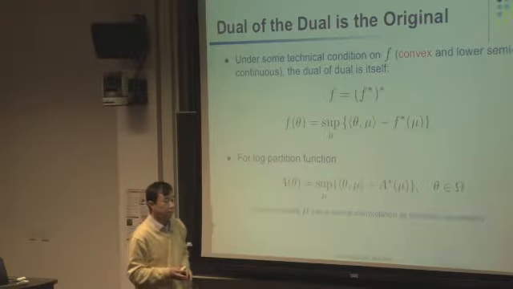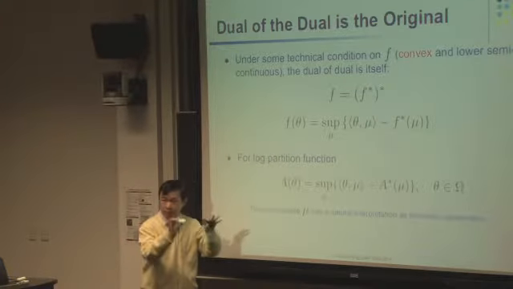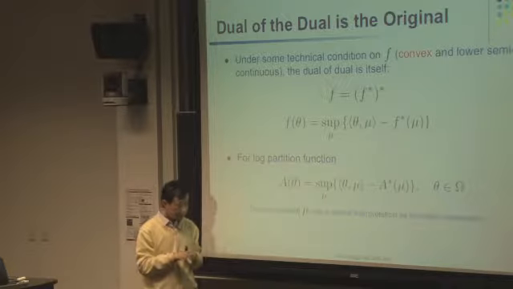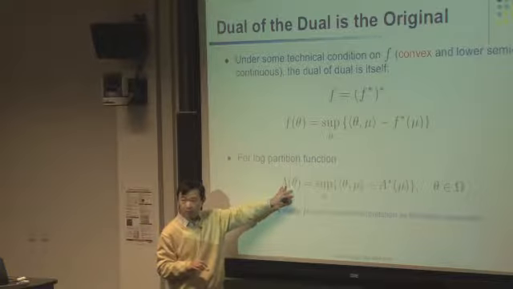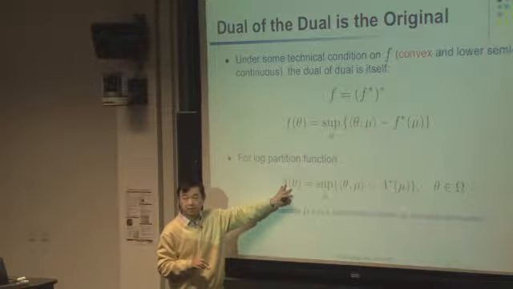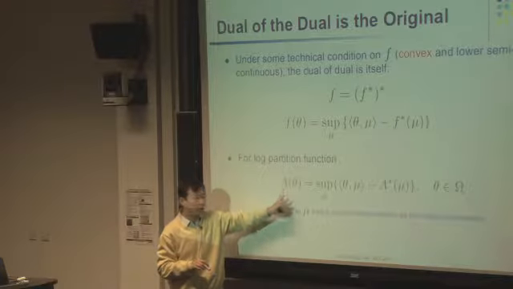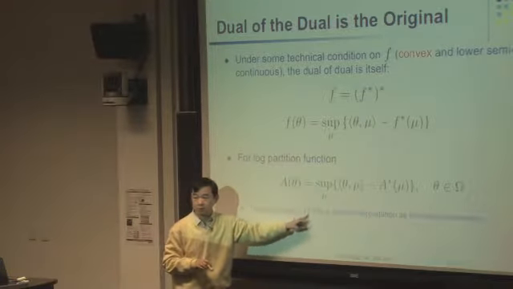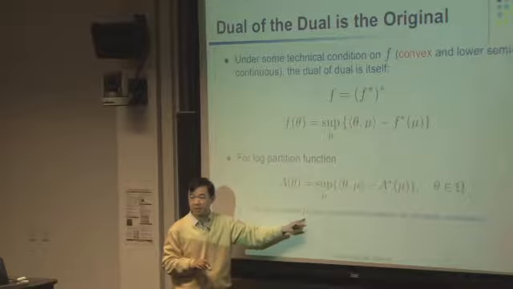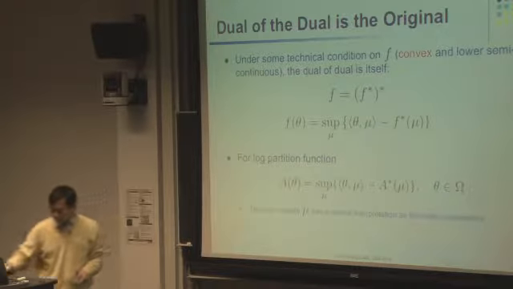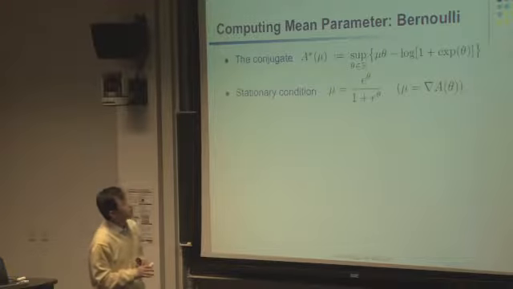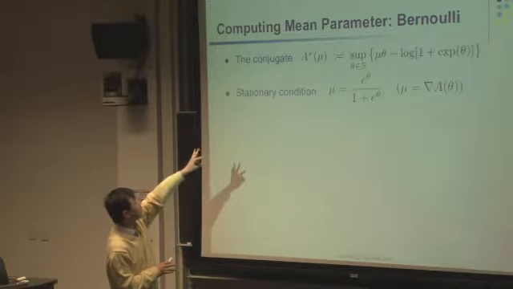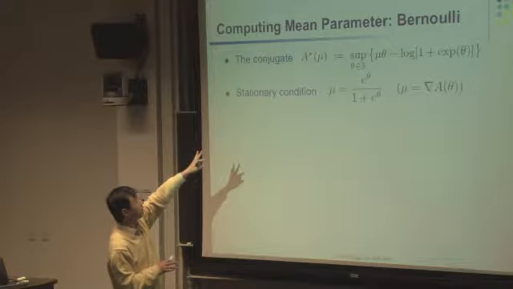That means you are throwing one stone at two birds. You solve this problem, which is one of the inference tasks, and as you get the solution, the argument also gives you the solution to the other inference problem, which is the mean parameterization. All right, so now let's see how it can really be used. We have now the conjugate dual of.